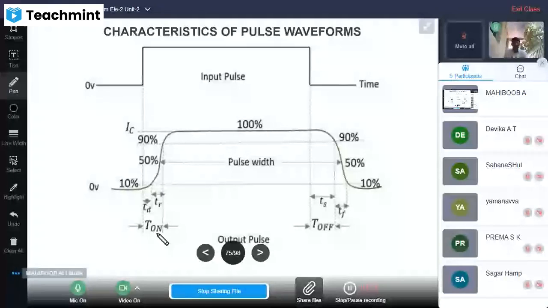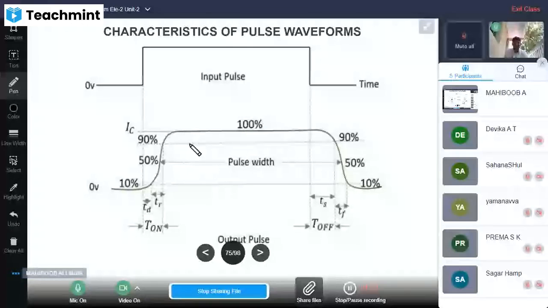The period from 10% to 90% is called on time. From 100% to 90% it is called off time at the falling edge.